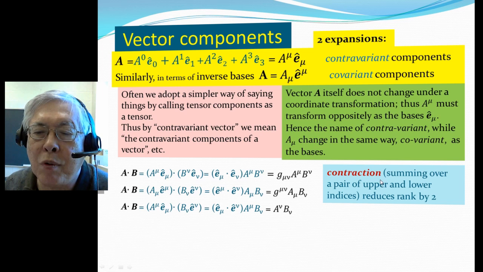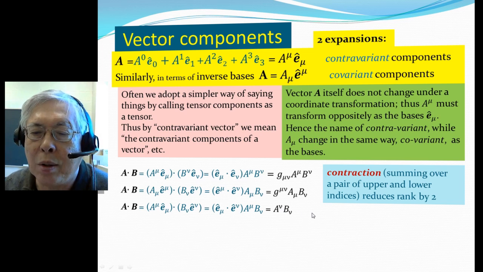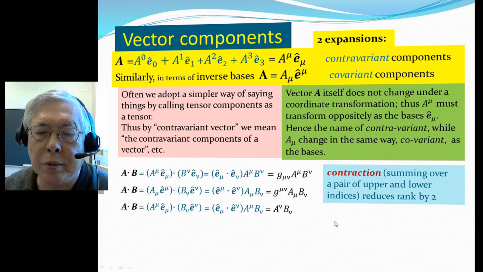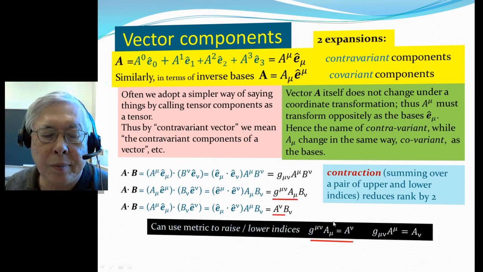Whenever we sum over an upper and lower index, we call that a contraction. It reduces the rank. A and B each have rank 1, together rank 2, but with a contraction they become a scalar product which has no indices, so reduced from 2 to 0. Also notice, compare these last two lines.